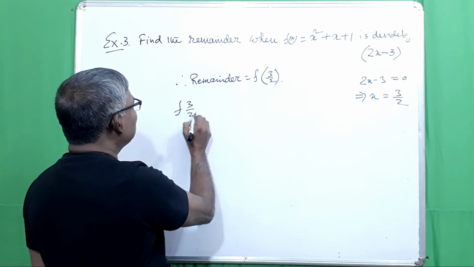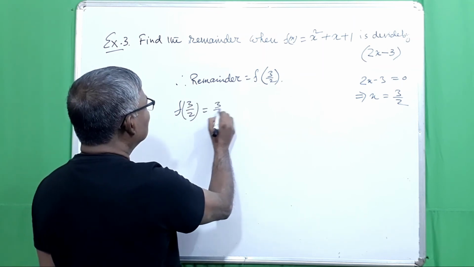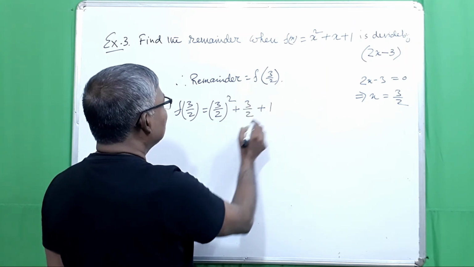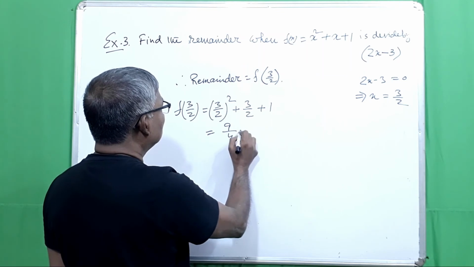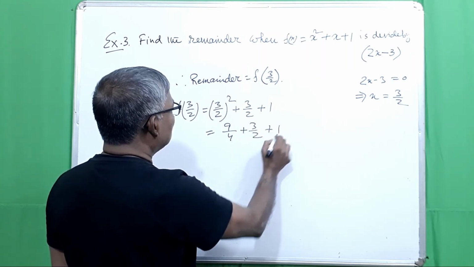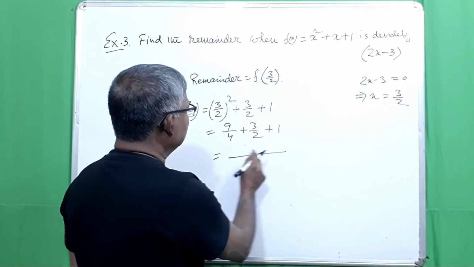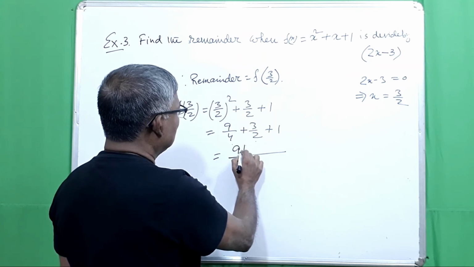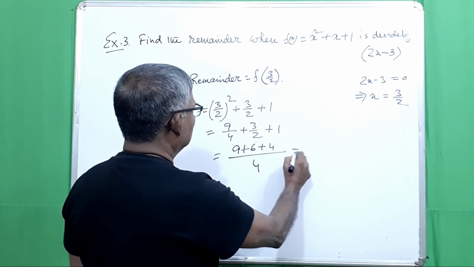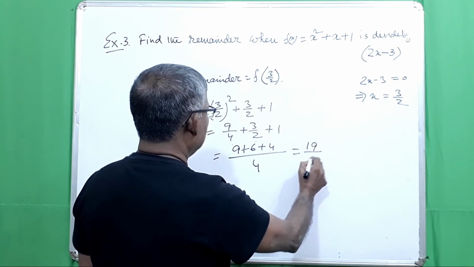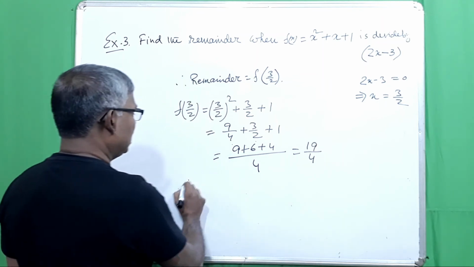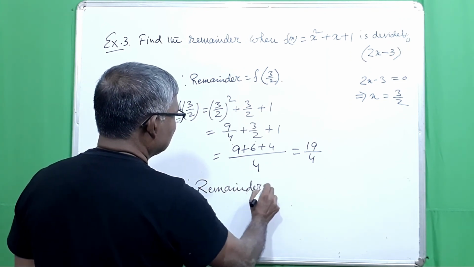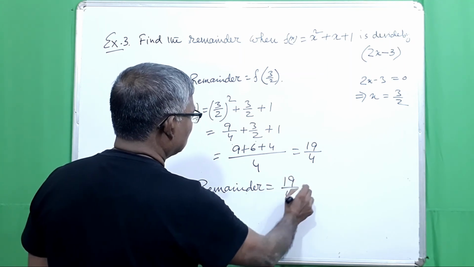That is f of 3 by 2 equal to (3 by 2) whole square plus 3 by 2 plus 1, that is 9 by 4 plus 3 by 2 plus 1. This equals to, here see, what is the LCM? That is 4. So it is 9 plus 6 plus 4, that is 19 by 4. Therefore, remainder equal to 19 by 4.